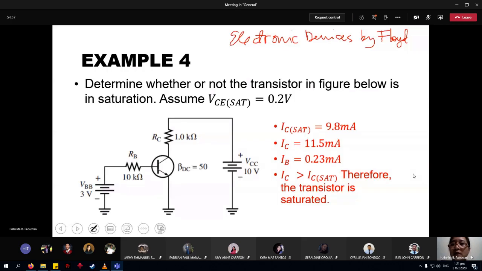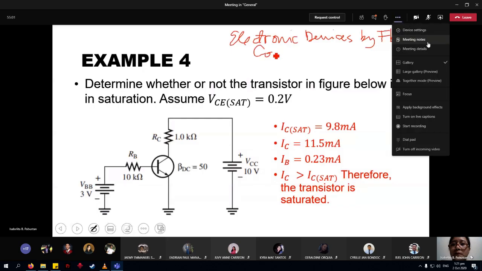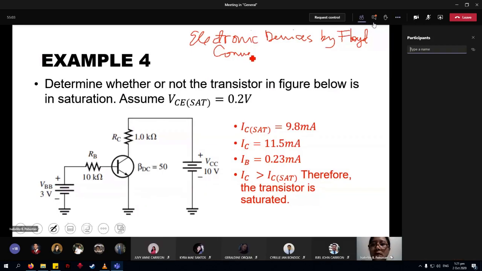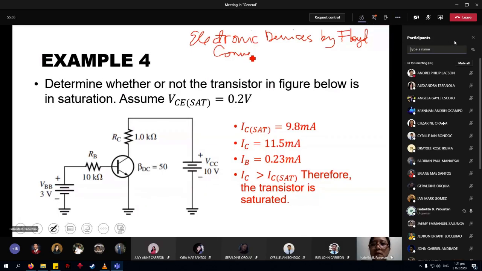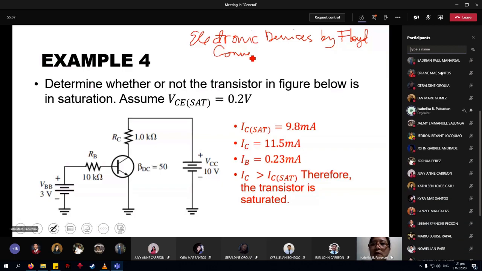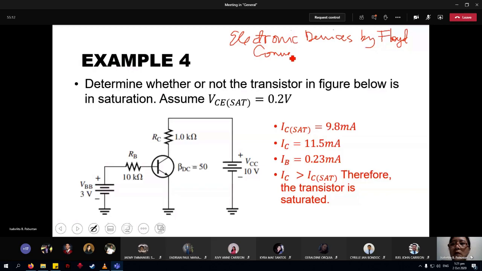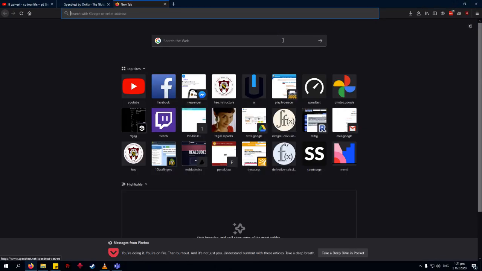So, electronic devices by Floyd, conventional current version. Okay, you download that. You can easily download that. You also have electronic devices by Boylestad.